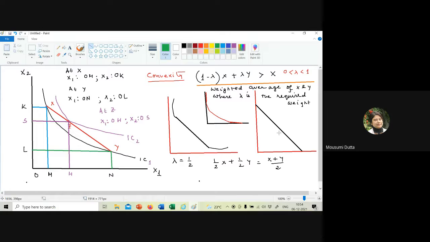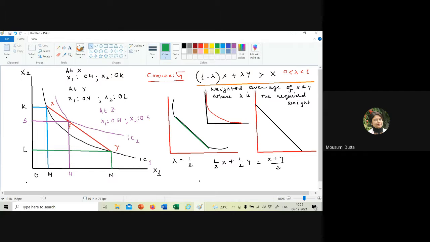In the first diagram, I have some convex part, but in between these two smooth convex parts I have a linear segment. The linear segment indicates the curve is not strictly convex to the origin. It is only weakly convex.